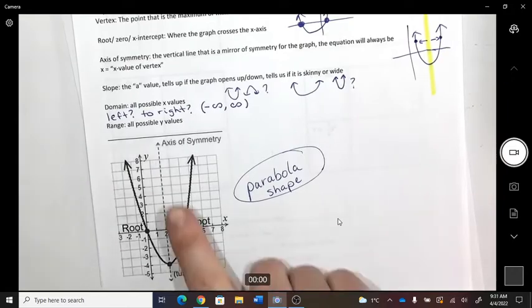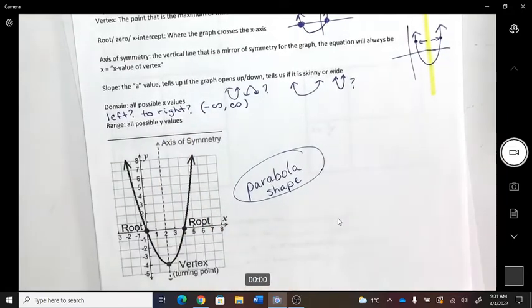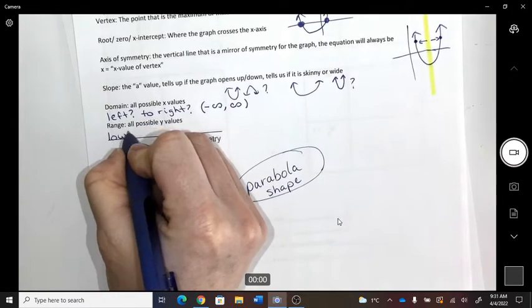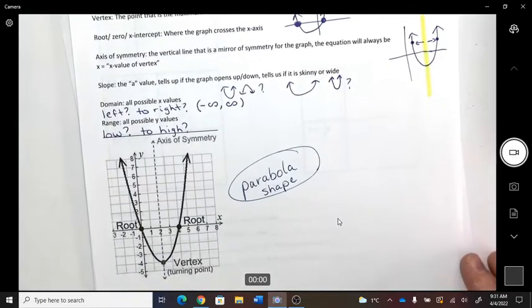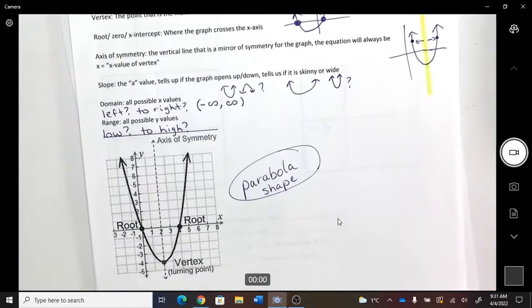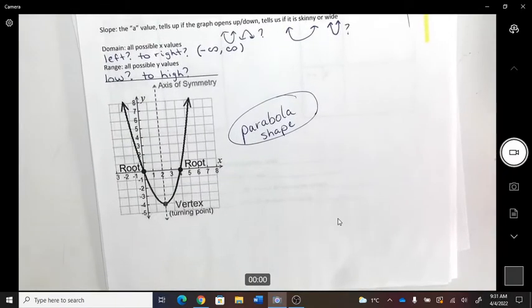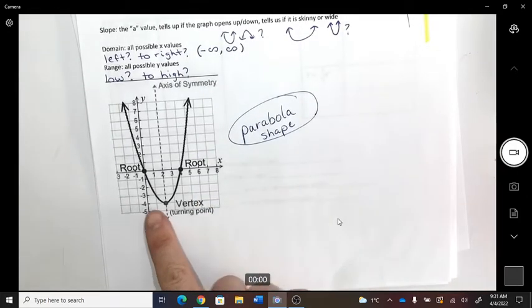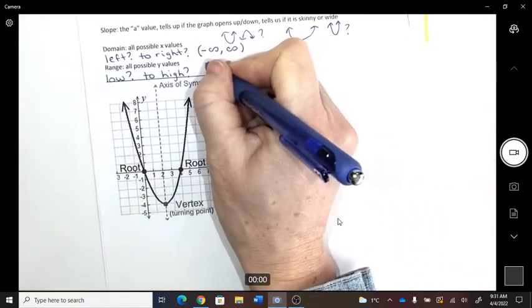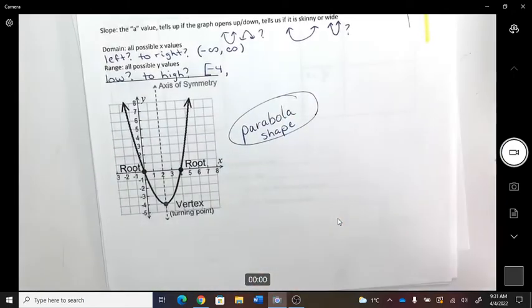Okay, the range is all the possible y values. So we have to write what's the lowest to the highest. For this graph specifically, what's the lowest height? -4 is the lowest this goes, and I'm going to put a square bracket around it because it's exactly -4, to the highest height.